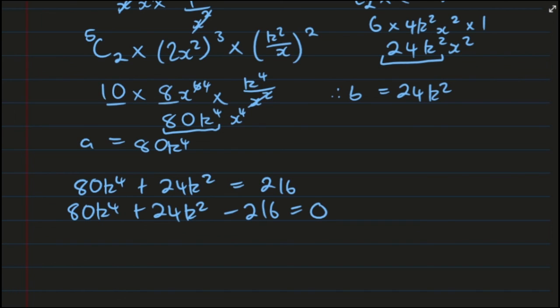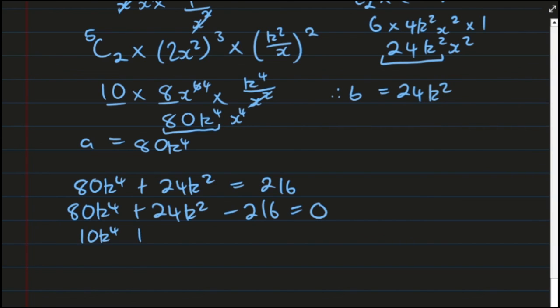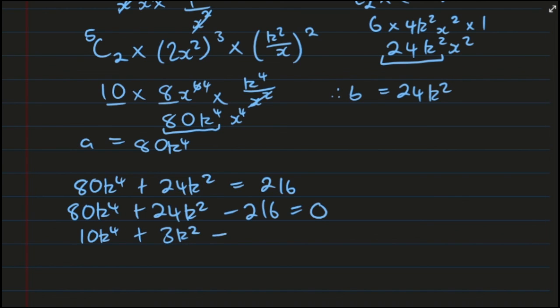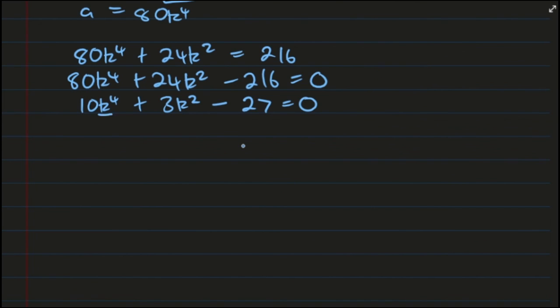So let's divide through by 8 to simplify this quadratic. So that will be 10k to the power 4 plus 3k squared minus 216 divided by 8, that's 27, is equal to 0. And now let's rewrite k to the power 4 in terms of k squared.